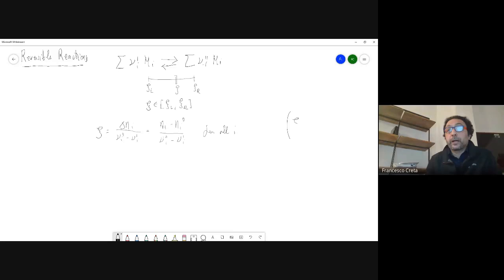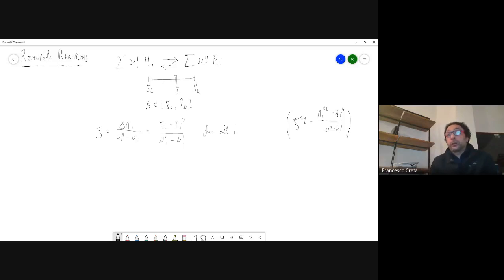So I can also define, for example, an equilibrium value, somewhere here or here, which will be Ni of equilibrium minus Ni0, divided by, again, the difference in stoichiometric coefficients.